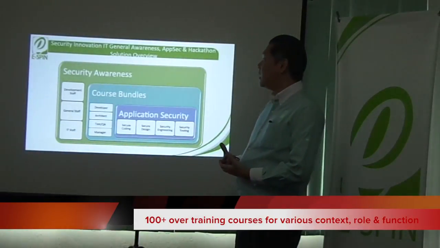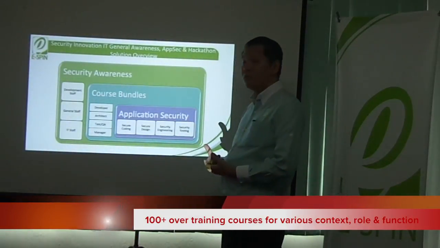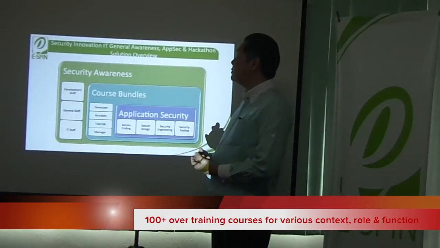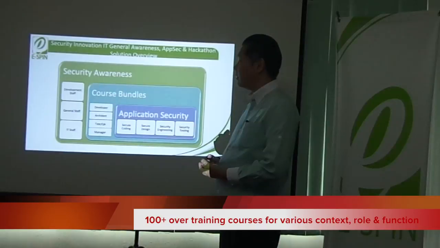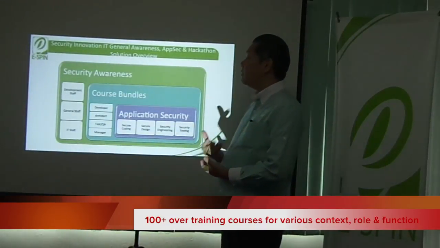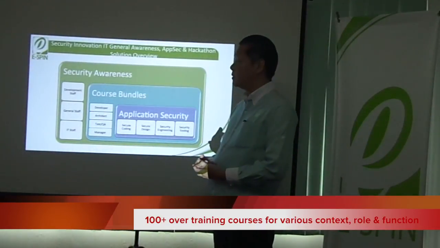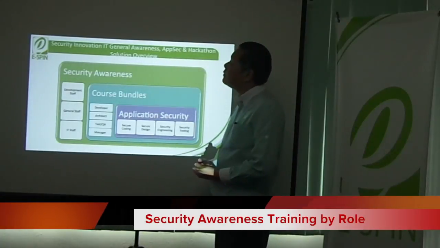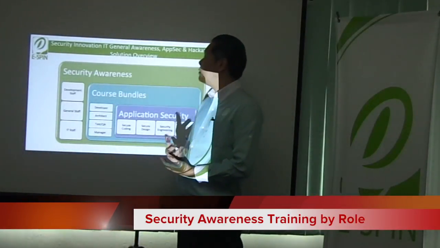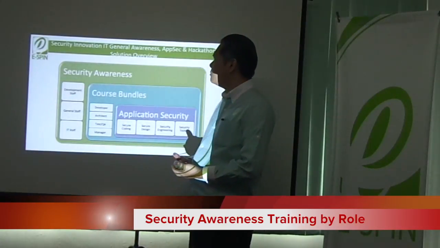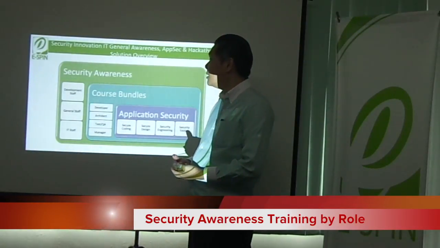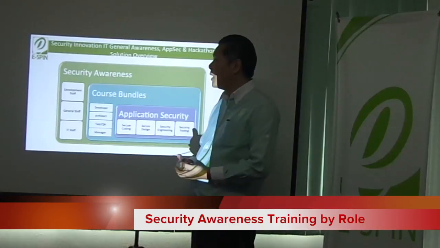In general, because they have over 100 courses, the best way is that I will try to group them into a respective area, and then for people in a specific role. For instance, for the security awareness and IT general awareness, they are the leader in this particular domain.